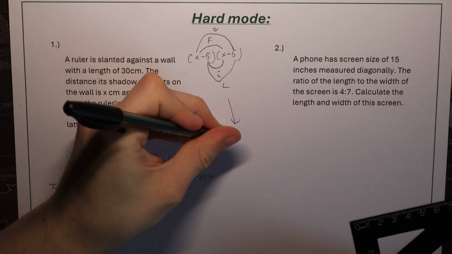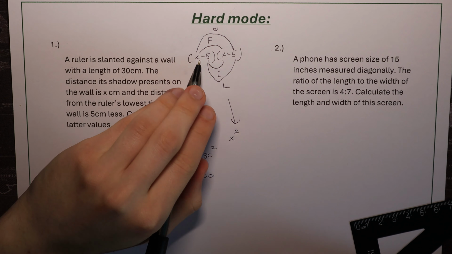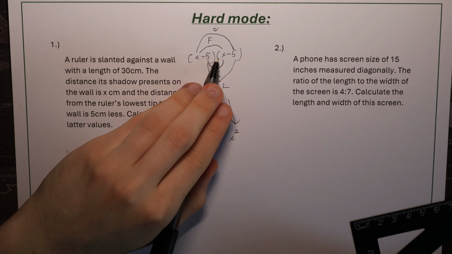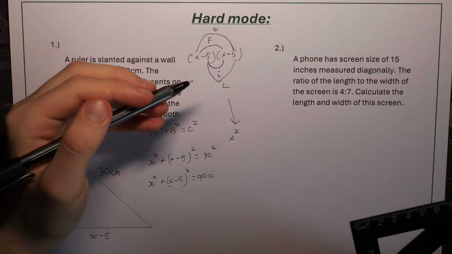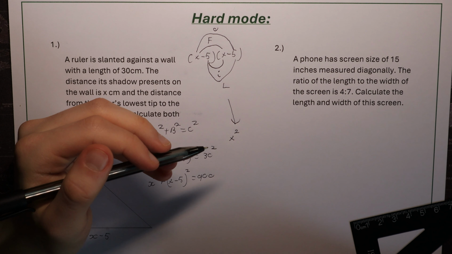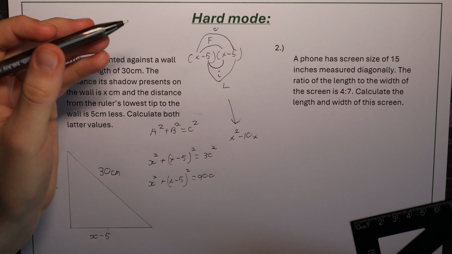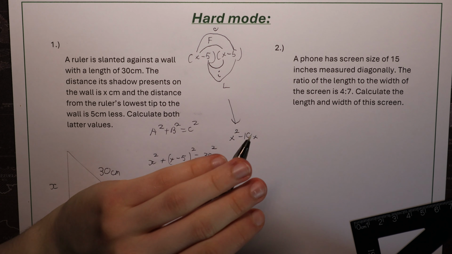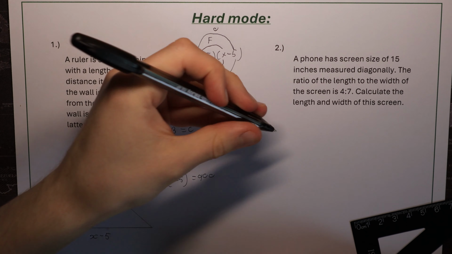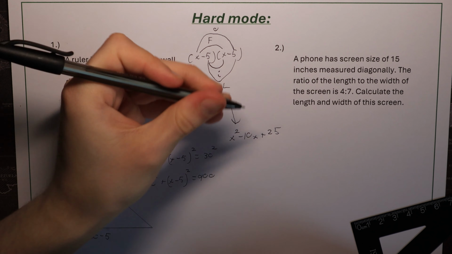Now x times x is of course x squared, minus 5 times x and minus 5 times x both give us minus 5x. If we add these together we get minus 10x, and then minus 5 times minus 5 is plus 25, because minus times a minus is a plus. So that is what we get.